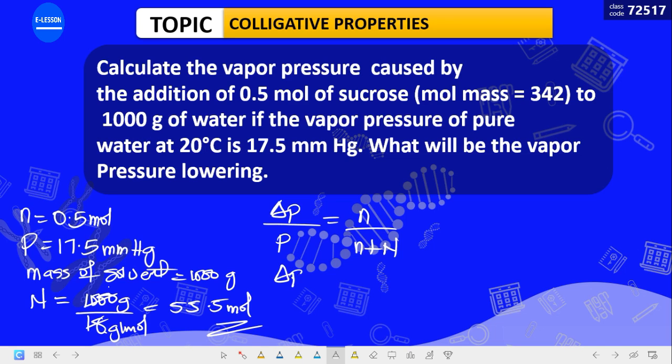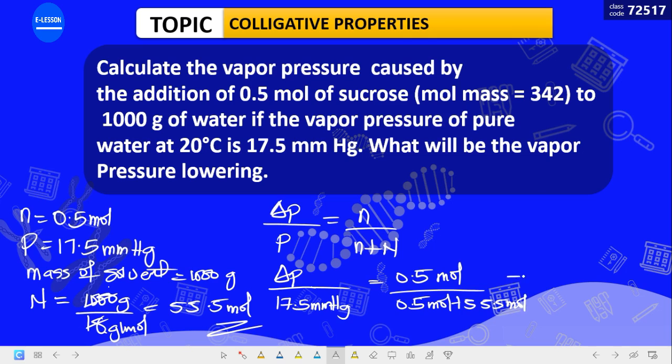Now, change in P over the vapor pressure of the pure solvent, 17.5 millimeter of mercury, is equal to the number of moles of the solute, 0.5 mole, over the number of moles of solute, 0.5 mole, plus that of solvent, 55.5 mole.